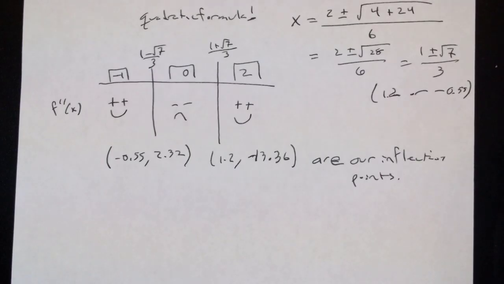Anybody notice anything really interesting about the numbers I chose for my test numbers? Lindsay. I didn't pull these numbers out of thin air. Where did I get -1, 0, and 2 from?